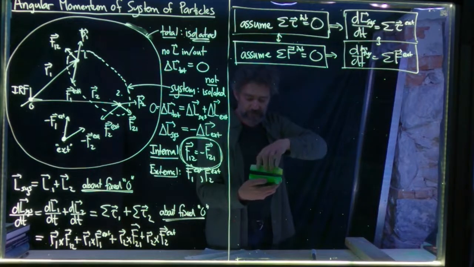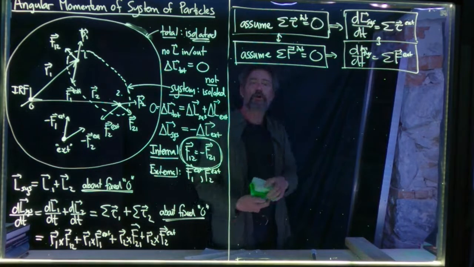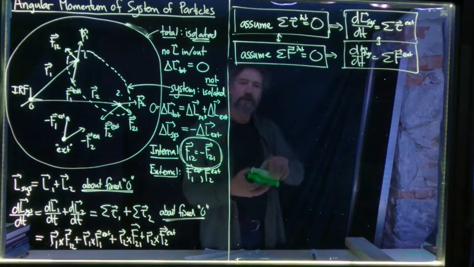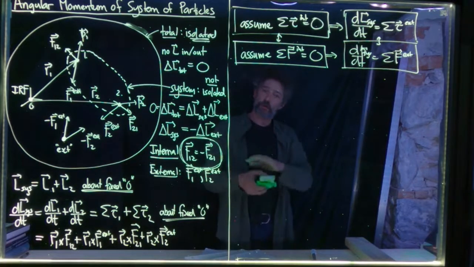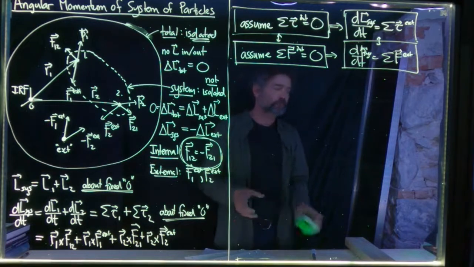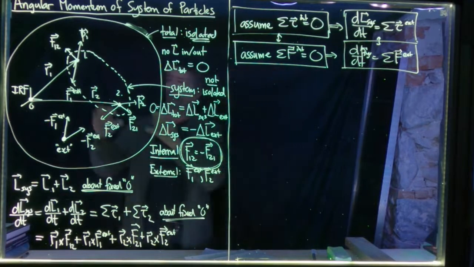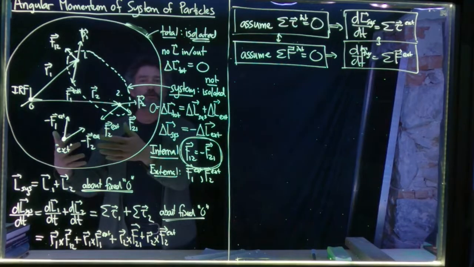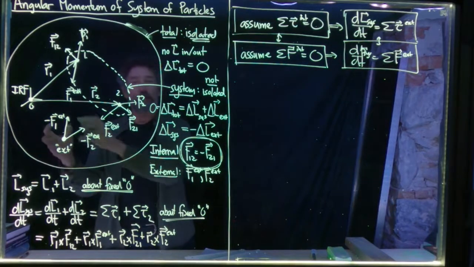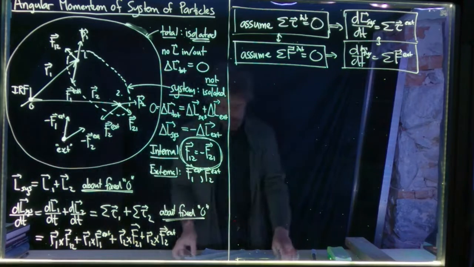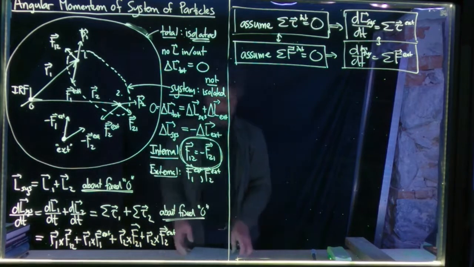The top object's spin rate is slowing down, the bottom object's spin rate is speeding up, in such a way that there's no change to the total angular momentum in that system. The only thing that can change the angular momentum of a system are not internal torques, but external torques, torques exerted by particles outside of the system. So that's a very important general statement.